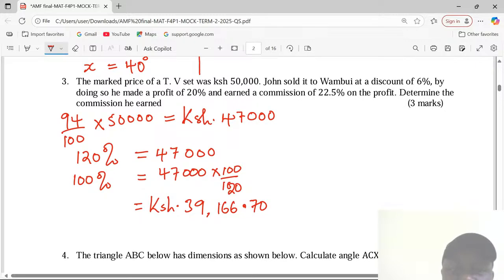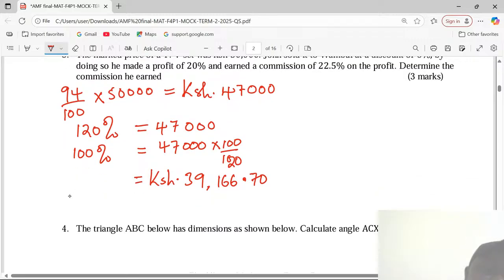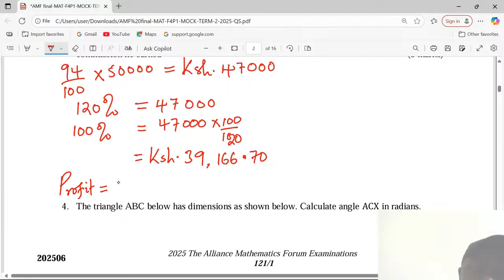That is why after selling at 47,000, there was a profit of 20%. So we can now calculate the profit itself. What is the profit? Remember, we could have even gone direct to calculate the profit by obtaining 20%. Therefore, the profit shall be 47,000 minus the amount he used to acquire the dress.